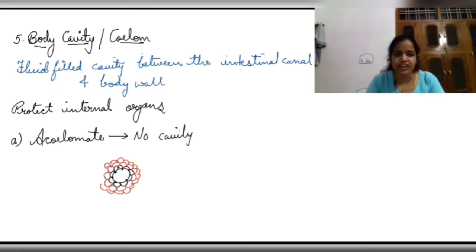So this red colored part is what? Red colored part is mesoderm. Then I'll draw the green colored part, that is the ectoderm. So you can see there is no body cavity present in between the gut and the body wall. So this is ectoderm. Then we have the red colored part, that is mesoderm.